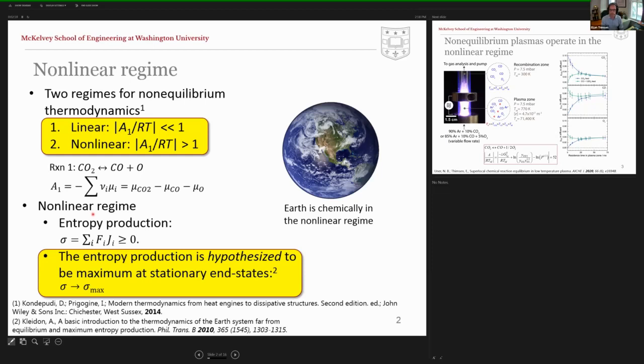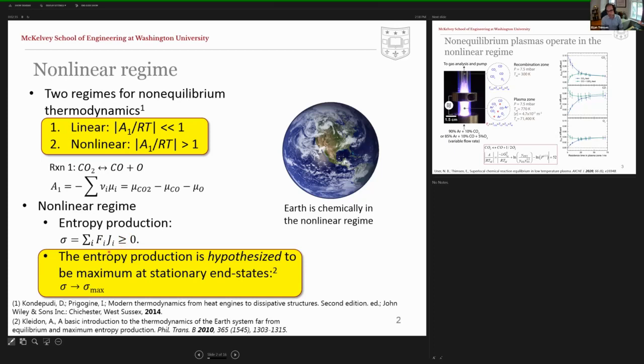Dissipative structures have been proposed, but if you want to be quantitative, you can calculate the entropy production in this nonlinear regime as a sum of thermodynamic forces times the respective flows. And of course, the second law says that that is positive semi-definite.